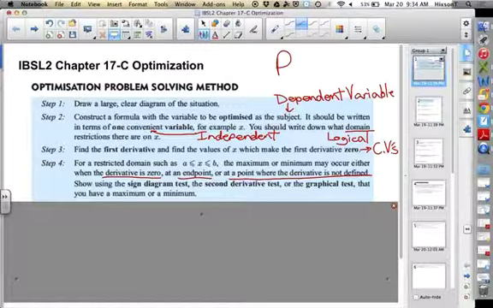Or you can use the second derivative test. If you have a critical value, and it's in an interval that is concave down, then you know that that critical value gives us a max point.